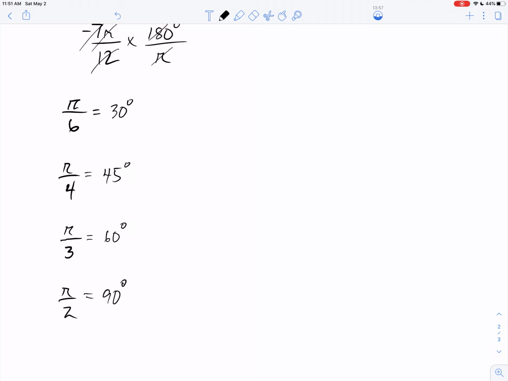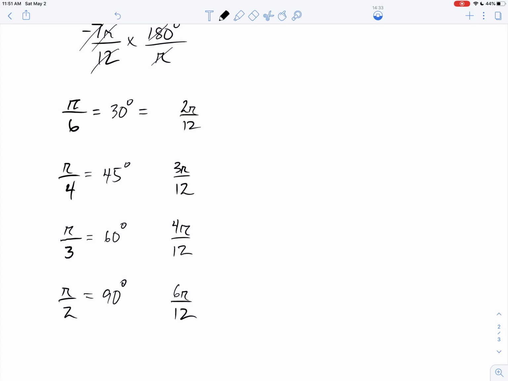So what am I shooting at is this. All of these guys could be written with a denominator of 12. Check this out. This is 2 pi twelfths. This next guy is 3 pi twelfths. Pi over 4 is 3 pi twelfths. Pi over 3 could be 4 pi twelfths. Then pi over 2 could be 6 pi twelfths.